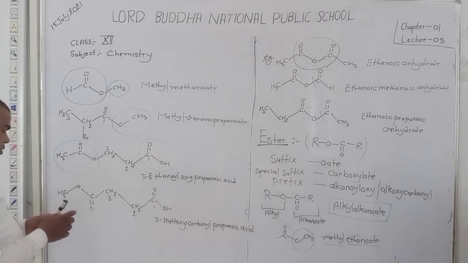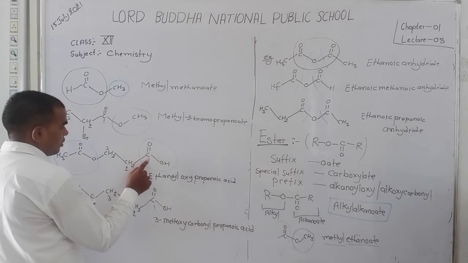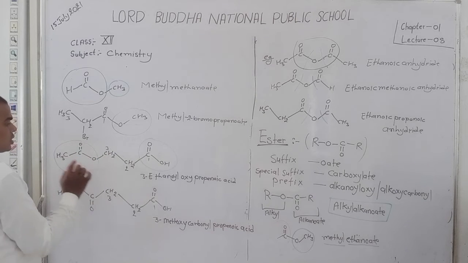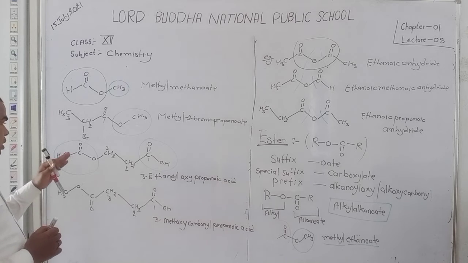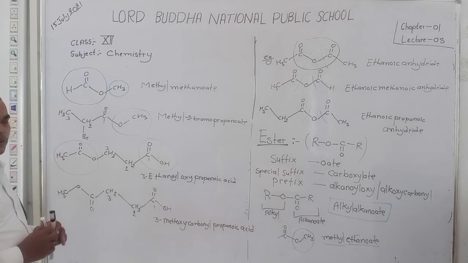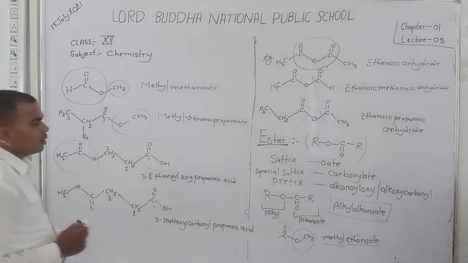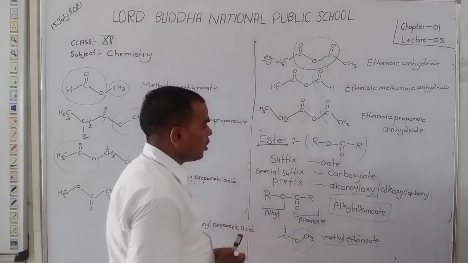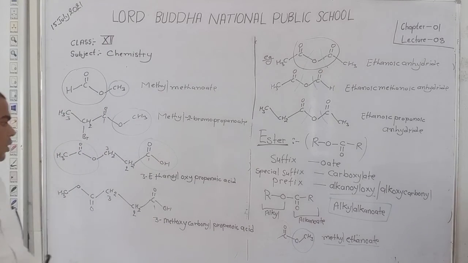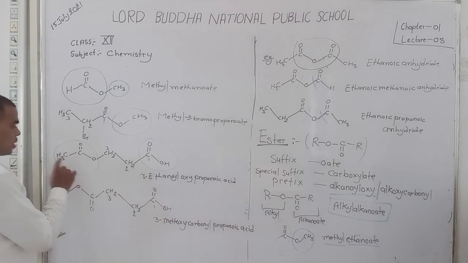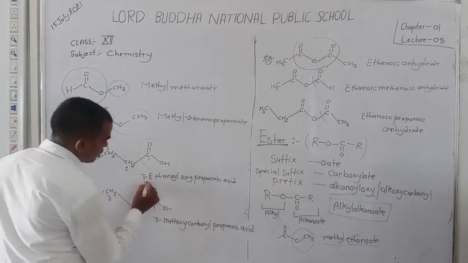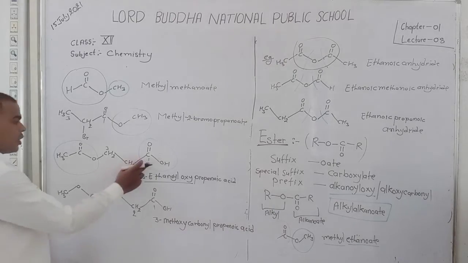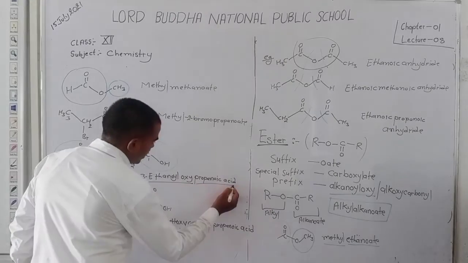In this compound, the counting starts from the carboxylic carbon 1, 2, 3. At the third position, the substituent ester is present. The prefix of this substituent, you know, is alkanoyloxy. So here 1, 2 carbons, so ethanoyloxy. At the third position ethanoyloxy, and number of carbons 1, 2, 3, so propanoic acid.